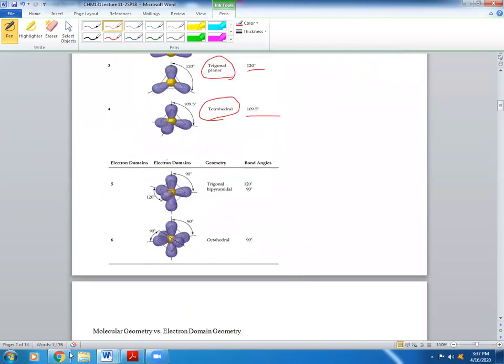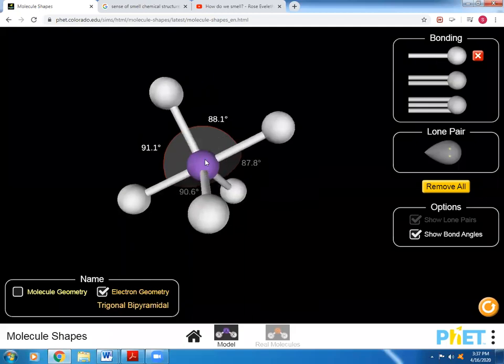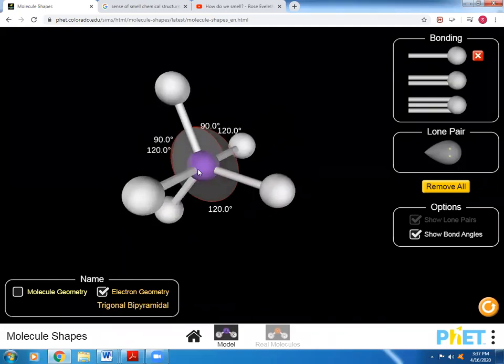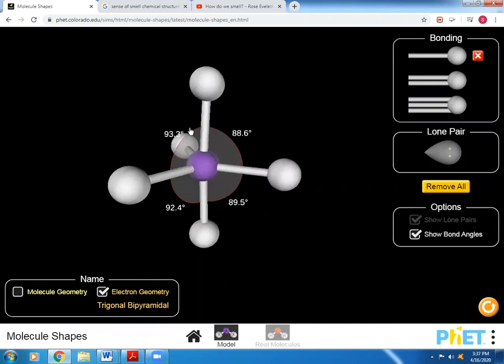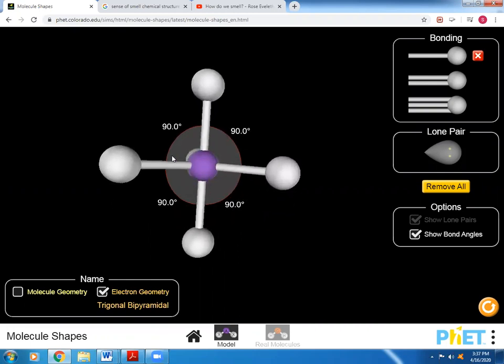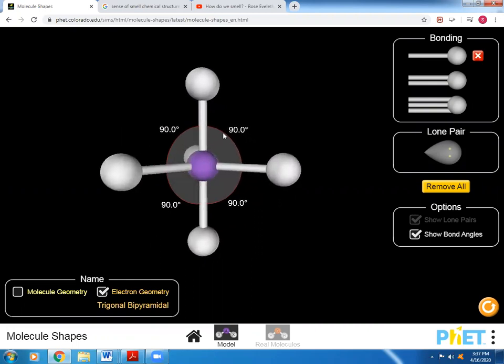Now, what if we have 5 and 6? Sure. With 5, notice now we have an interesting structure here. These are 90 away from each other, like this one and that one right here.